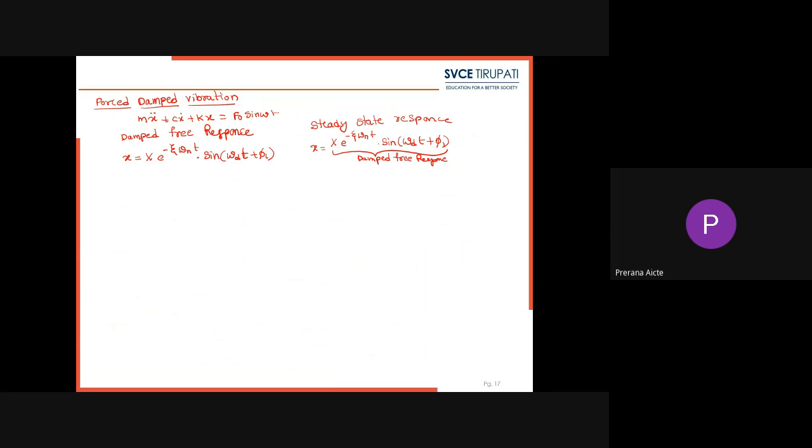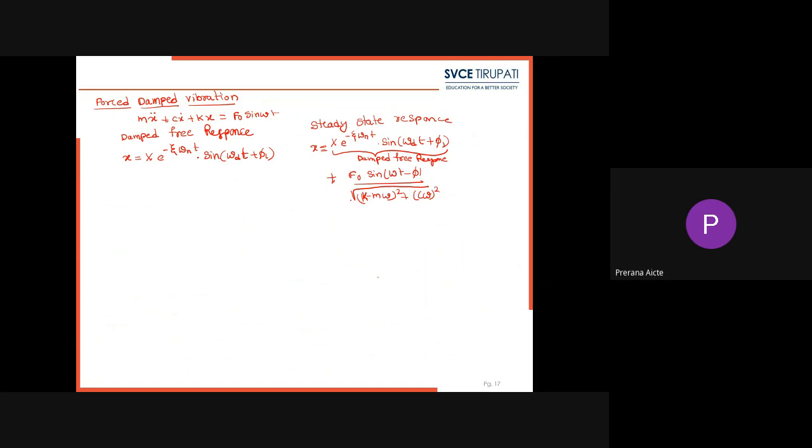Then for the same expression, you add up another term, where F naught is the applied force, and sine of omega t minus phi divided by root of s minus m omega square whole square plus c omega whole square.